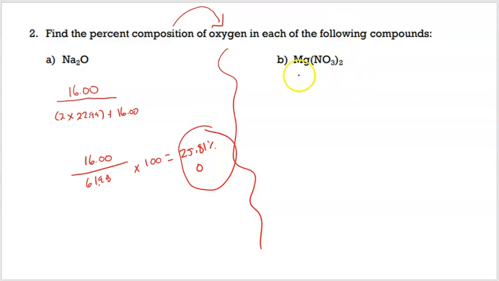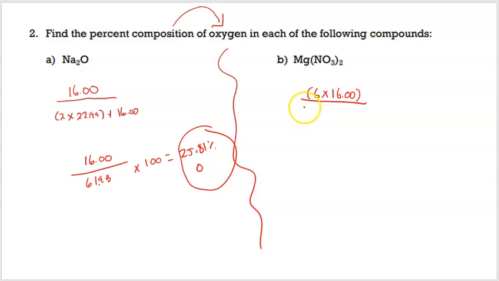Okay, and then over here in magnesium nitrate, we're going to do the part that is oxygen. So we have 3 oxygens inside the parentheses, but we're going to multiply that by 2. So that is 3 times 2, 6 oxygens. So our top number is going to be 6 times 16 over the total mass.